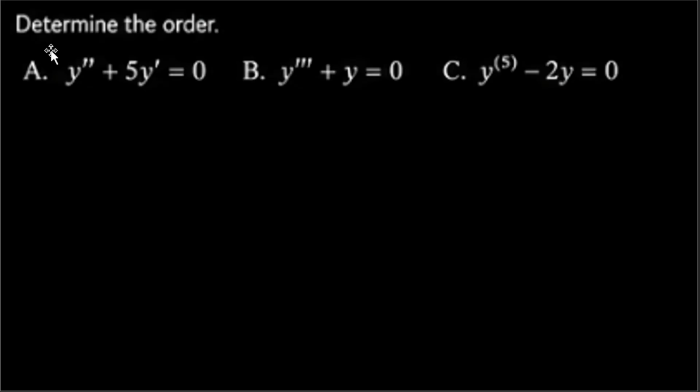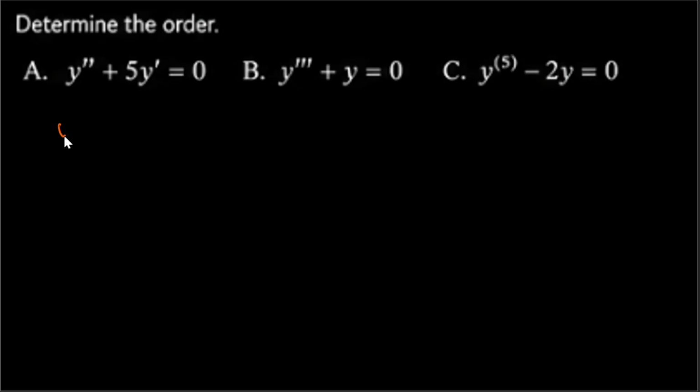Okay, so we have here the exercise. Determine the order of a differential equation. Okay, so for letter A, so we have here y, forgot the pen. Okay, so we have here y double prime.